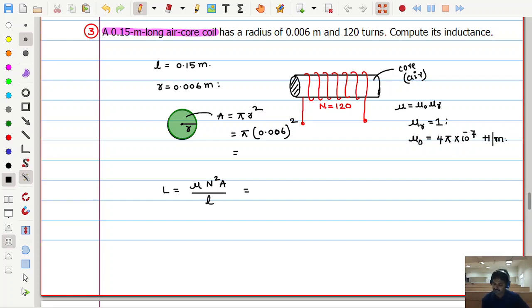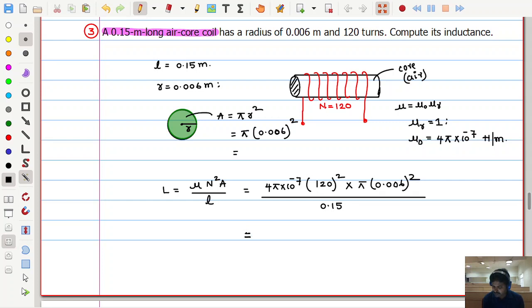Units are also important. Now use these things and substitute all these here. So let me write 4 pi into 10 power minus 7 into 120 whole square into pi into 0.006 whole square by length 0.15 meter. See, everything is in meters. Otherwise you have to transform something. If centimeters is given, you convert that into meters.